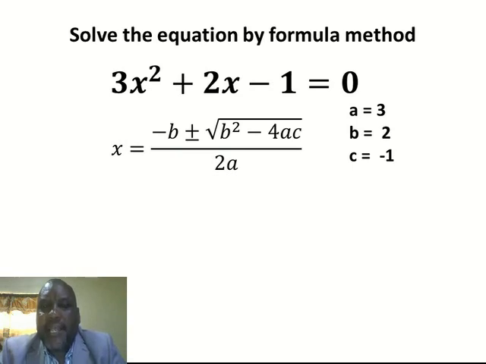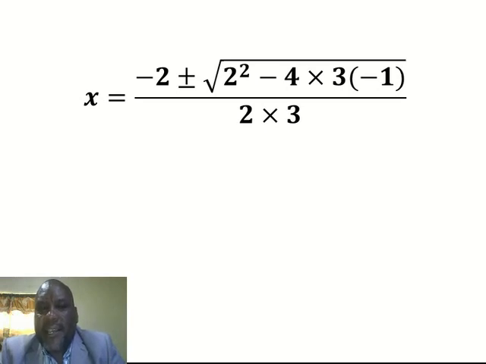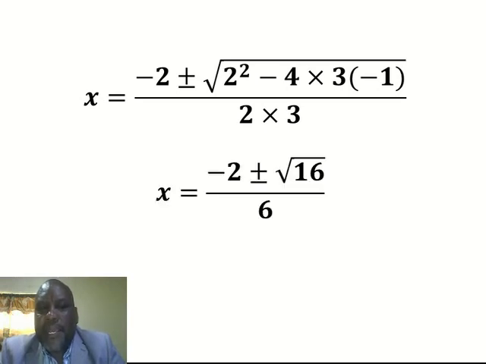Substituting in the equation, you'll find that x equals negative 2 plus or minus the root of 2 squared minus 4 times 3 times negative 1, over 2 times 3. Solving, x equals negative 2 plus or minus root 16 over 6.